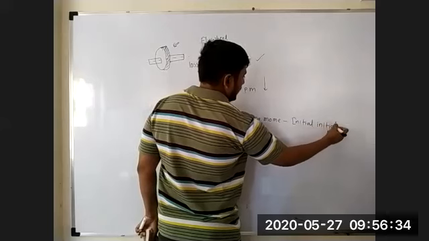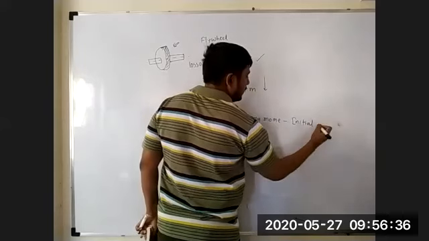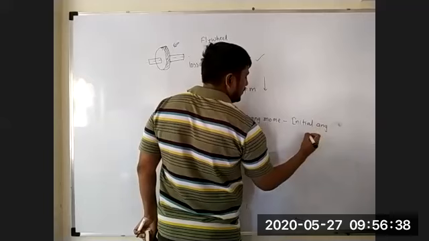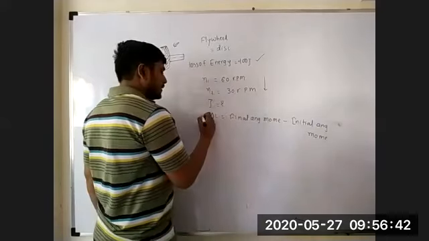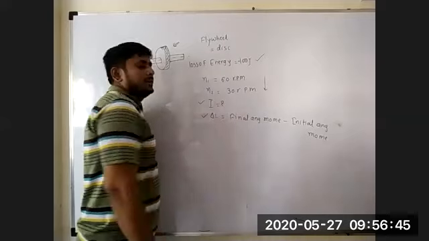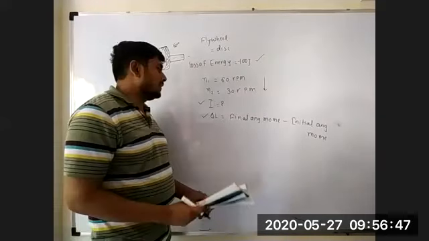This is the second quantity they ask you to find. The first quantity is nothing but I, the moment of inertia.